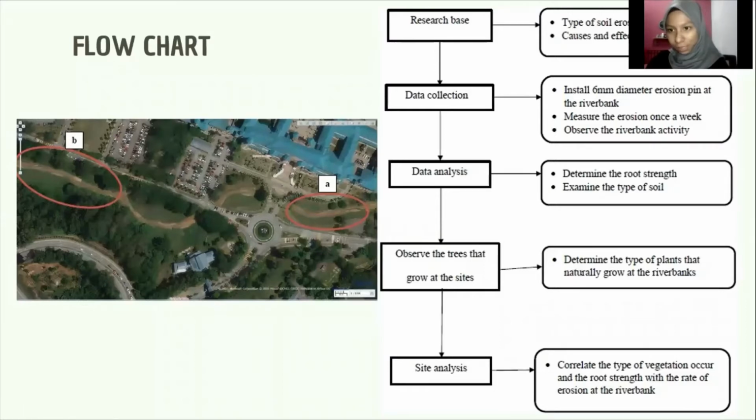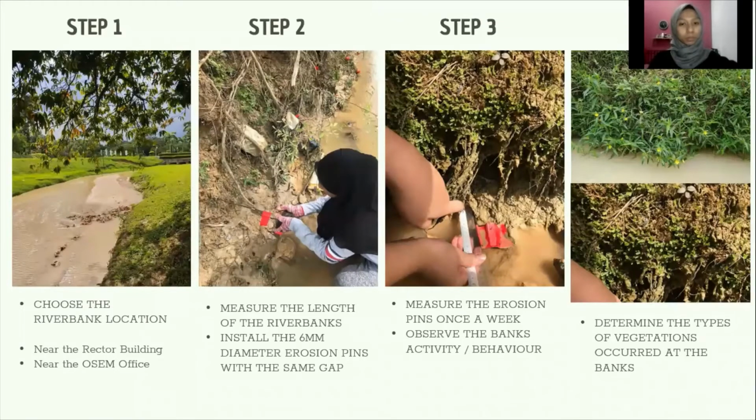The data analysis is to determine the root strength. Observing the types of trees is done by determining the plants that naturally grow at the riverbank through observation. And then the site analysis is to correlate the type of vegetation and the root strength with the rate of erosion at the riverbank. So after the research base, the process continues with the data collection.